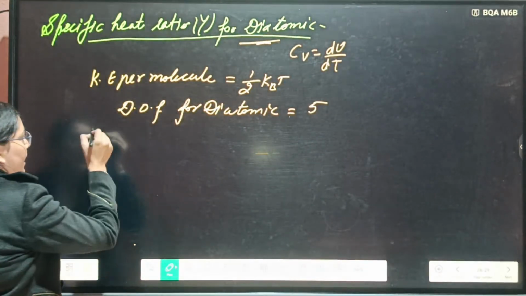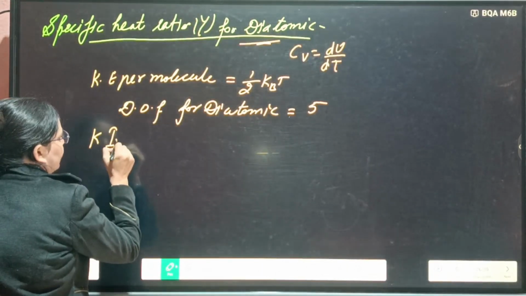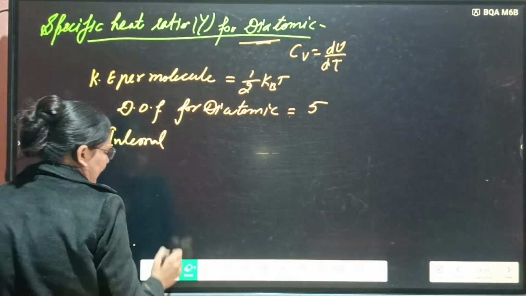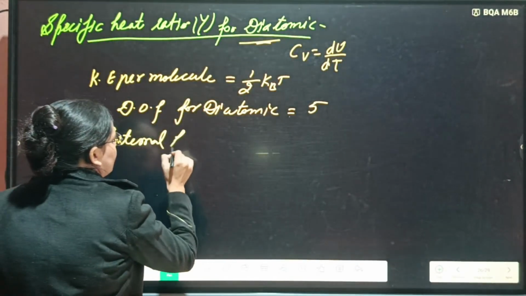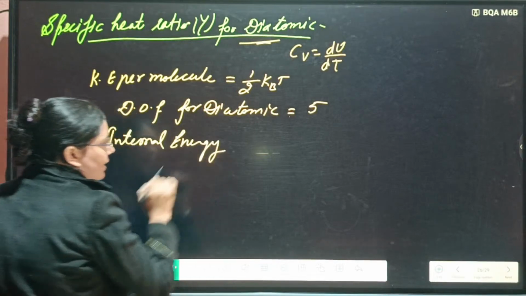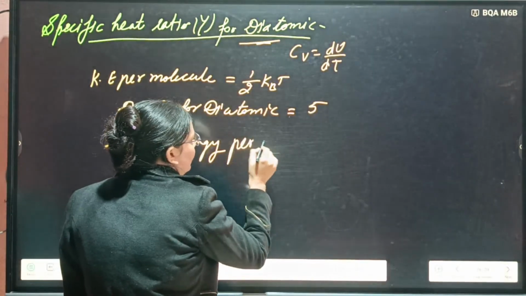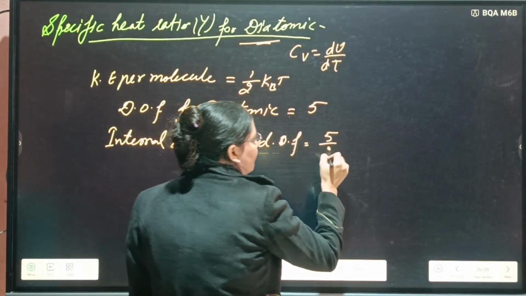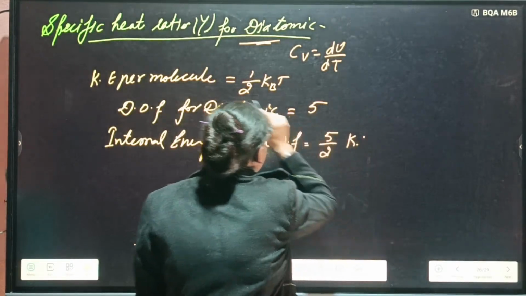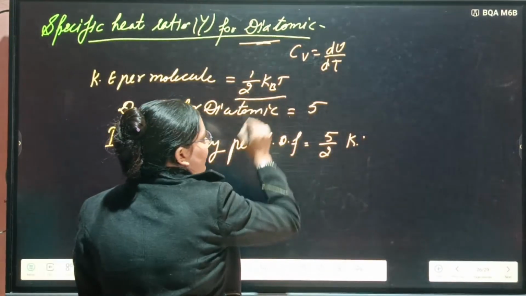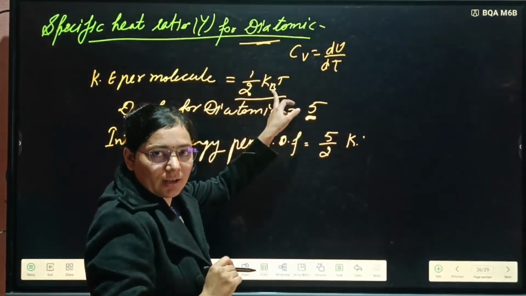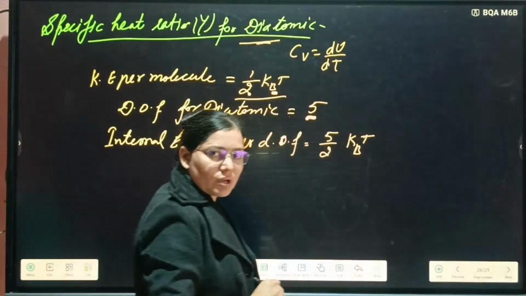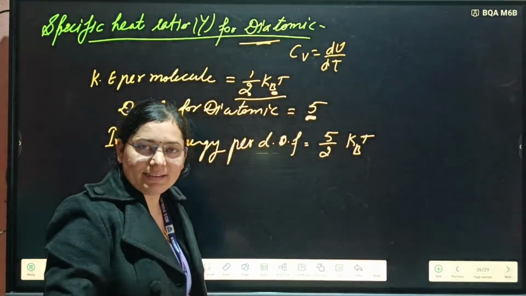So here kinetic energy per degree of freedom, then here we can write 5/2 kBT. Multiply this 5 with your per molecule, then here we will get 5/2 kBT. Okay, 5/2 kBT, this is our internal energy.